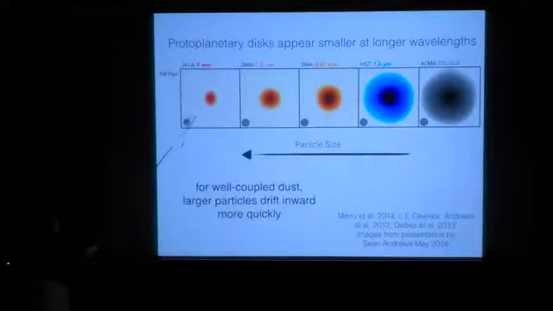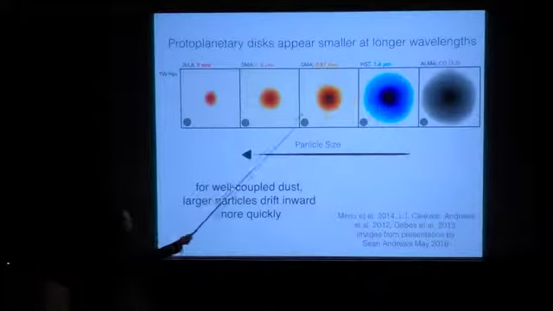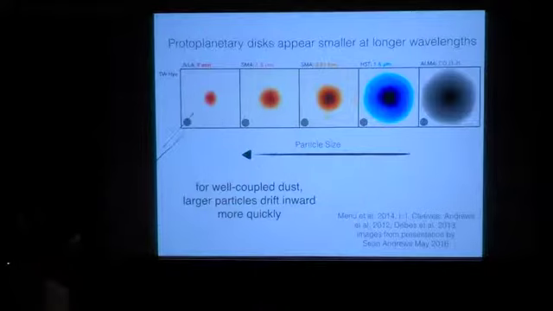And at these wavelengths, you're essentially seeing emission mostly from particles of about the size of the wavelength. So the bigger ones have drifted in more, the smaller ones have drifted in less, and that's what you expect in this size range. So larger particles are drifting in more and more quickly in this case, and you can actually see that in the data. So stuff is moving around, for sure.